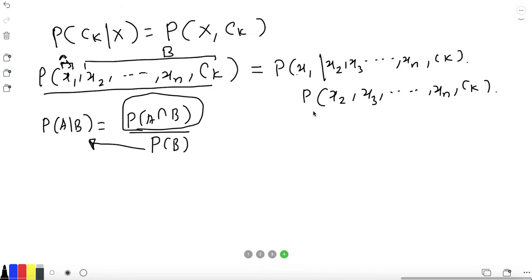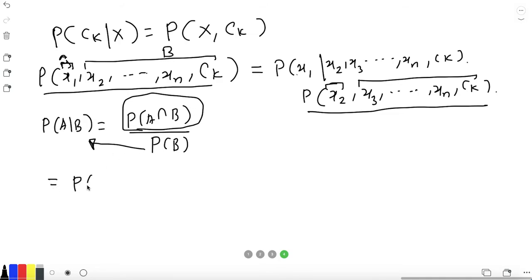Again, if I apply the conditional probability formula on this term, this will be my A and this will be my B. So I take this equal sign here.